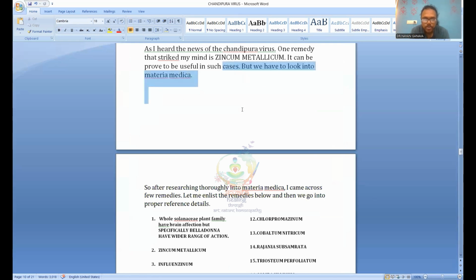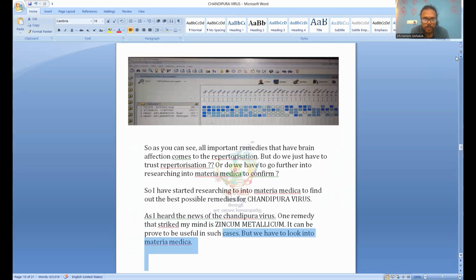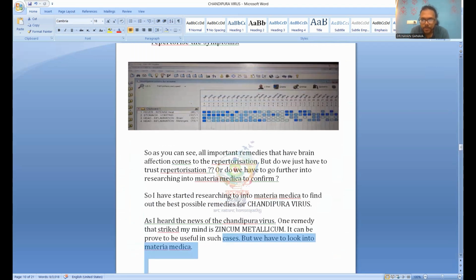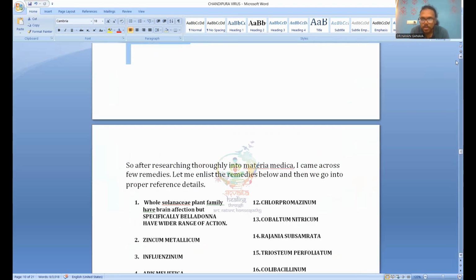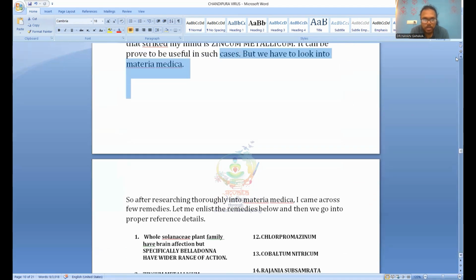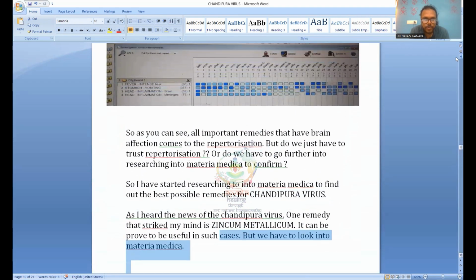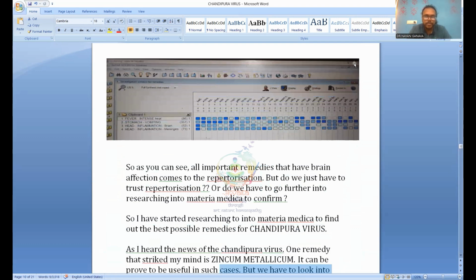I'm just zooming a little bit so you can see clearly. I have taken four symptoms: fever, intense heat, stomach vomiting, head inflammation brain, and head inflammation meninges. So you can see 18 remedies coming up.